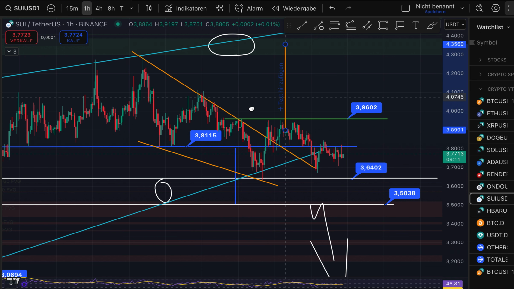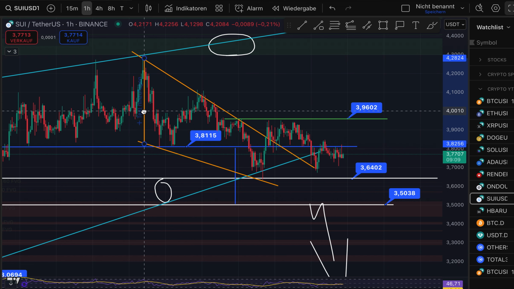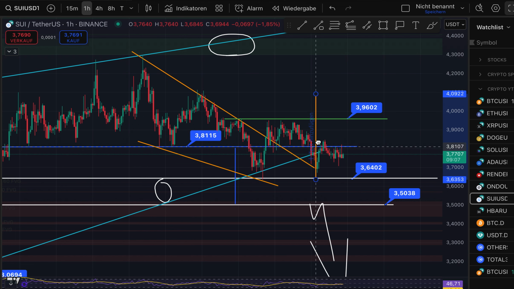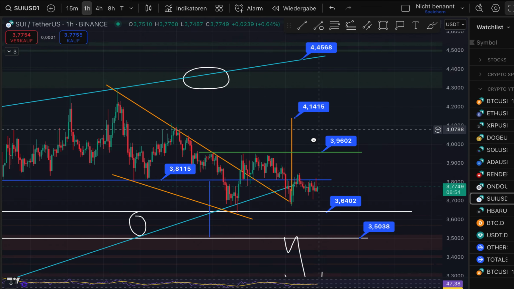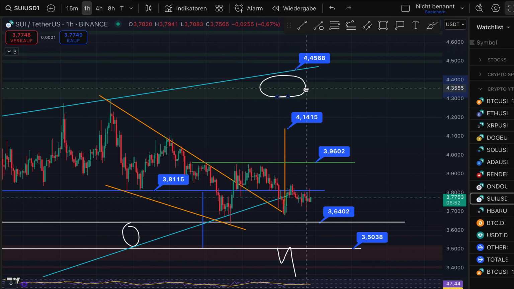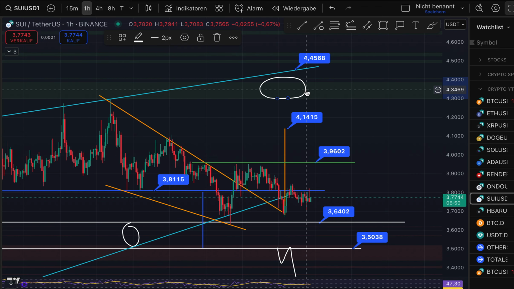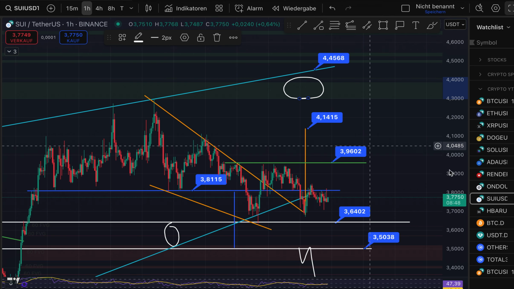So I always put the spread of that falling wedge to the second retest. If we break the $3.96 to the upside, then we can use the $4.13 as orientation. This is the target of the falling wedge in my opinion, but we also have here a fair value gap which we can close soon if we get the push to the upside.